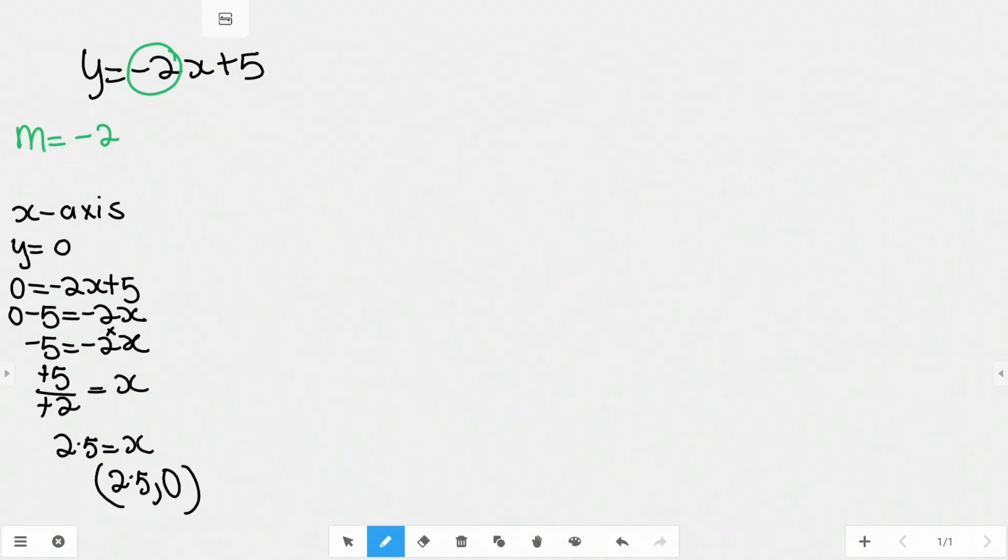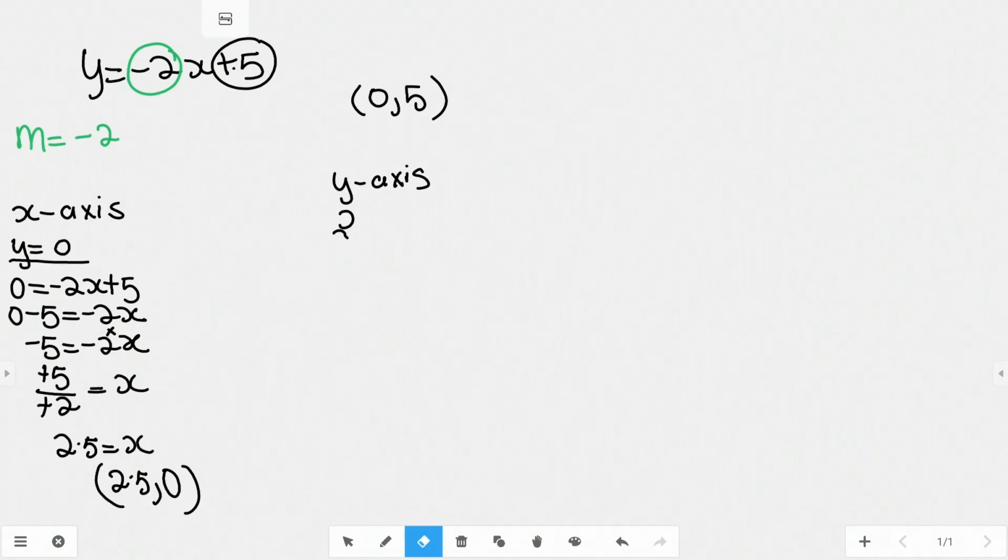Same thing, we want to find where it cuts the y-axis. All you need to do is just look at the c value, and we know that it cuts the y-axis at 5. So we know that we're working to get 0, 5. But let's just follow the same method to confirm. Since we want to know where it cuts the y-axis, instead of substituting y equals 0, we now substitute x equals 0.